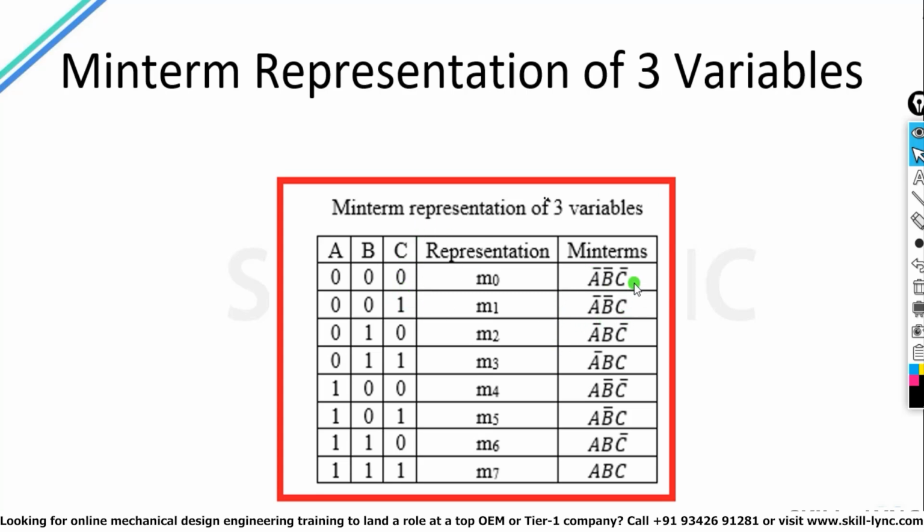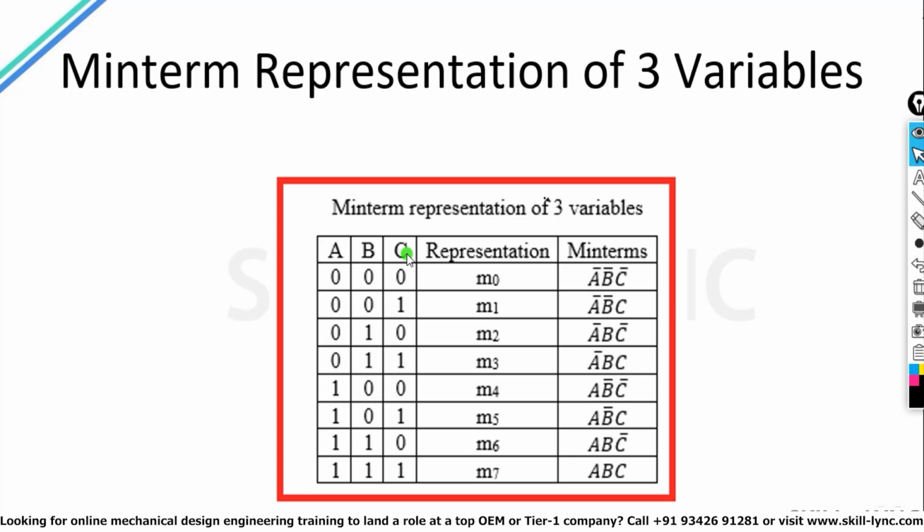Here I am representing the same thing as a product term, just like 0 0 0. Because all are zeros, you will write it as A bar into B bar into C bar. The complemented form is represented as 0 and the uncomplemented form is represented as 1.